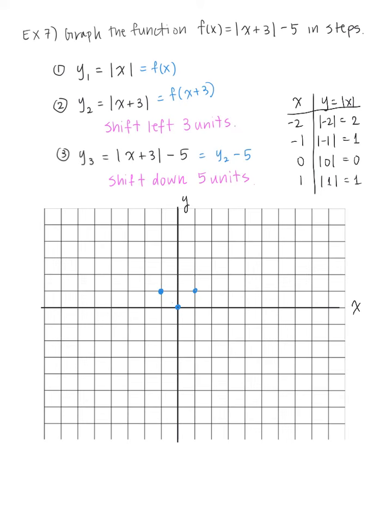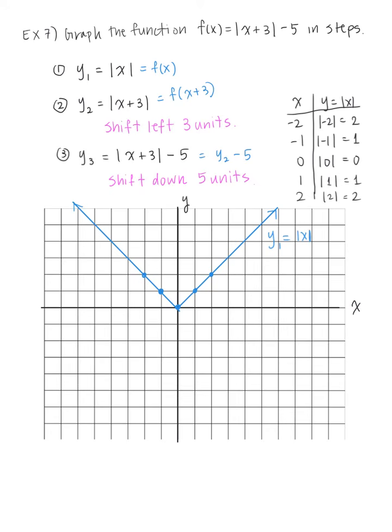And then -2, 2. Oh, I forgot to write 2 here, but you got the idea. Absolute value of 2 is 2. So here I'm going to have that. So basically, the absolute value function is going to look like a V. It could be looking upward, or it could be facing downward. So this is our function y1 equals the absolute value of x.